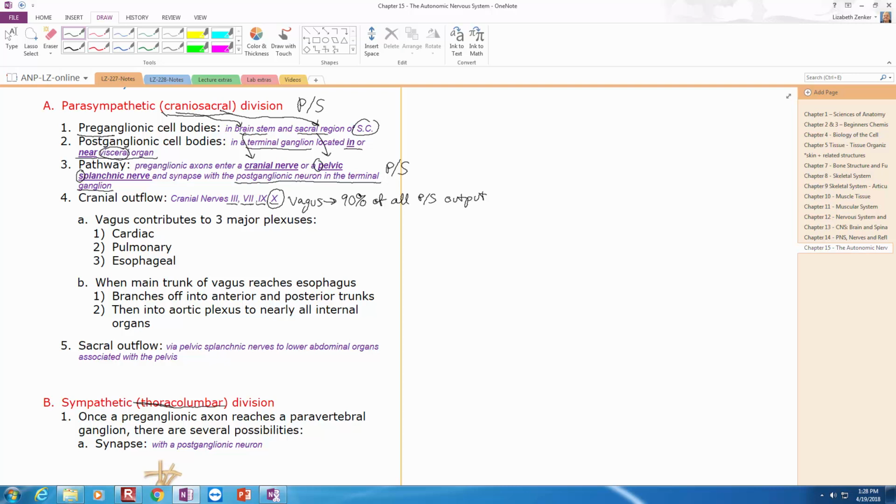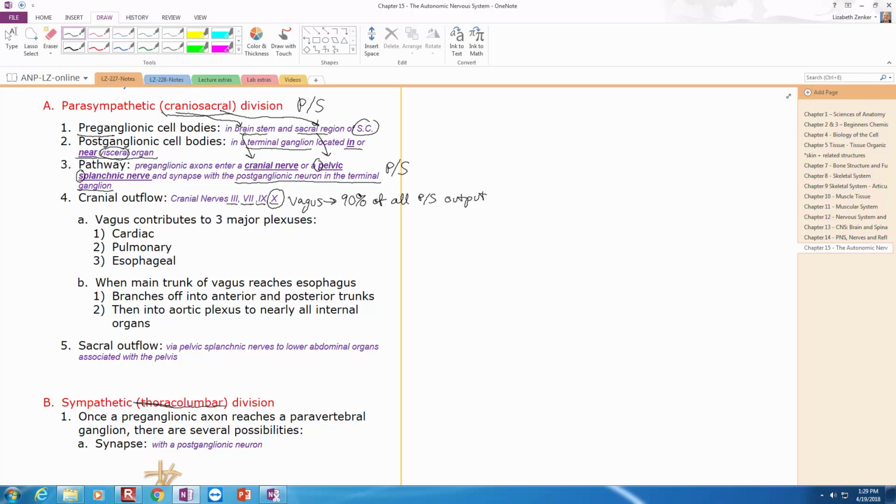So cranial nerve 10, or vagus nerve, is coming out of the medulla oblongata of the brainstem. It is outside of your spinal cord, okay? It also contributes to 3 major plexuses. So I only wanted you guys to know about some of the other major, like brachial plexus and things like that from the previous set of notes.